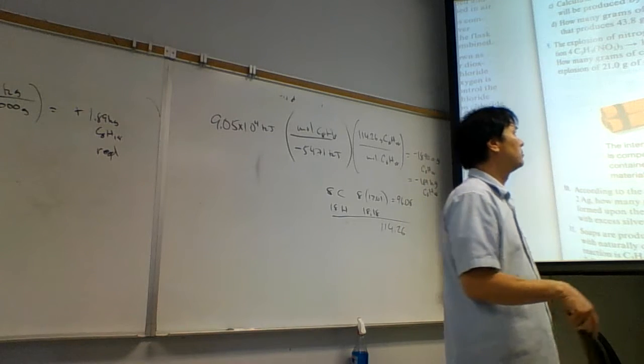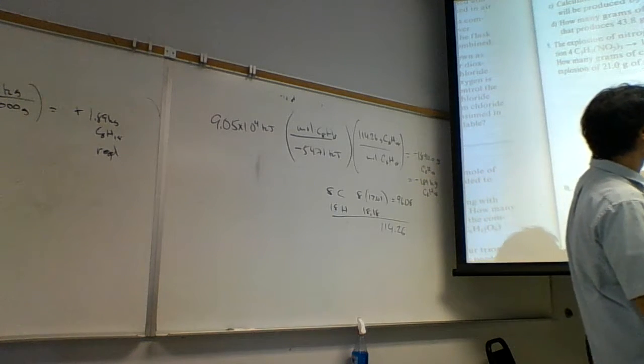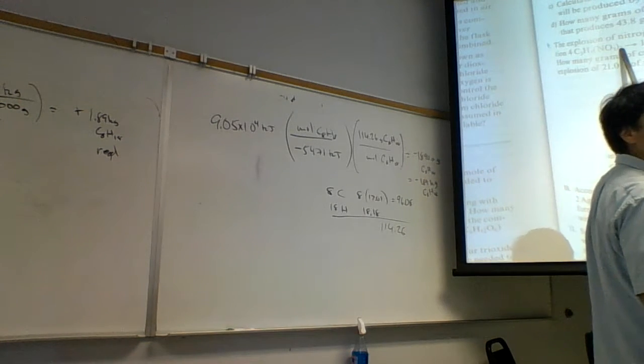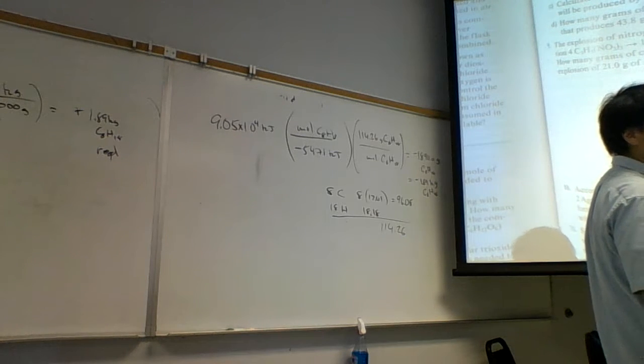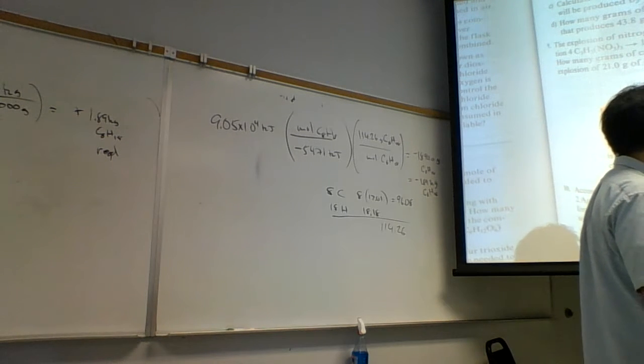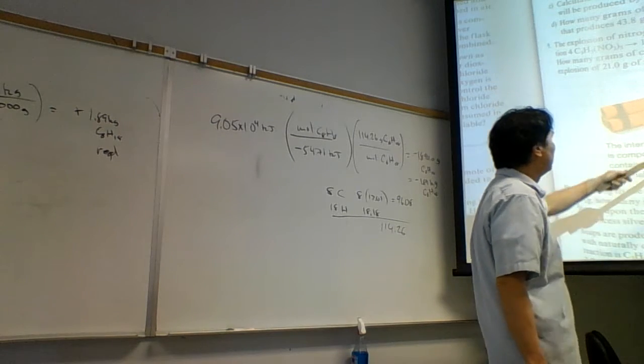Immediately I can tell that this is redox. This is decomposition redox because I have elements over here, I have compounds over here. And so we're going element to compounds. Well, we've got to change the charge. Elements have 0 charge.